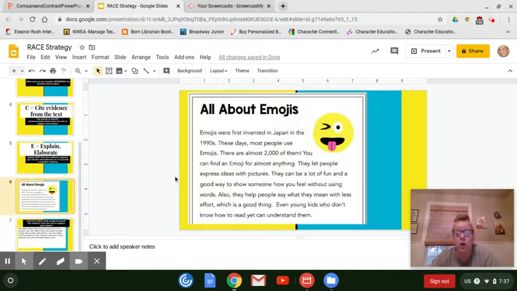I'll see if I can find one more just to kind of back up my answer, support my answer a little bit more. So the last sentences say, also, they help people say what they mean with less effort, which is a good thing. So right there, there's another reason why emojis are good, according to the author.